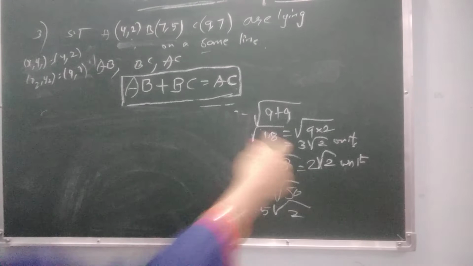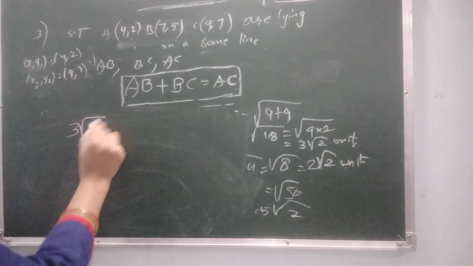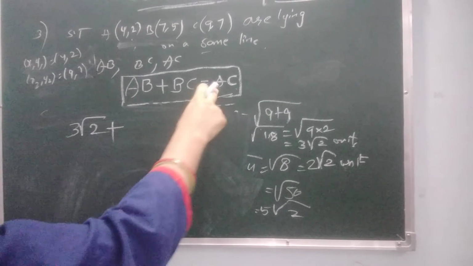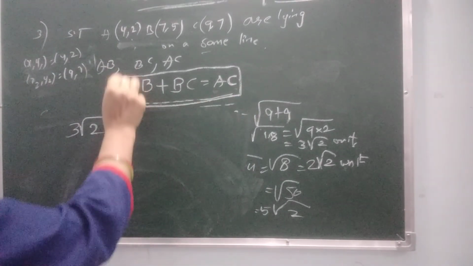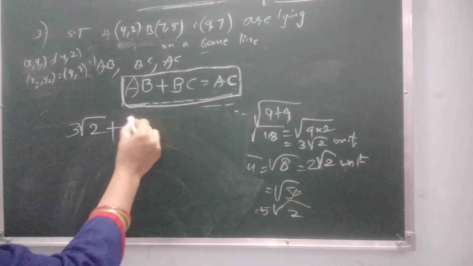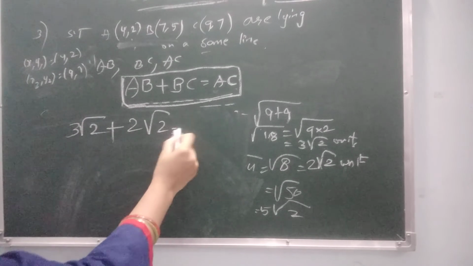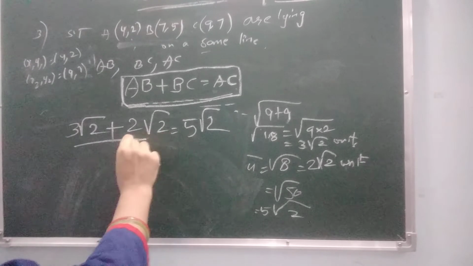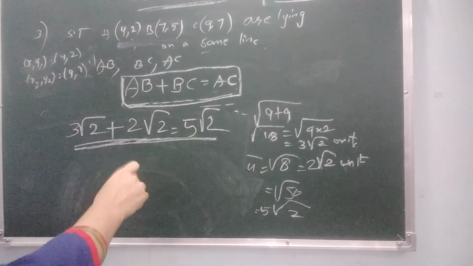Okay, AB equal to 3 root 2. Put the values in the equation AB plus BC equal to AC: 3 root 2 plus 2 root 2 equal to 5 root 2. Is it true or not? Is it proved or not?